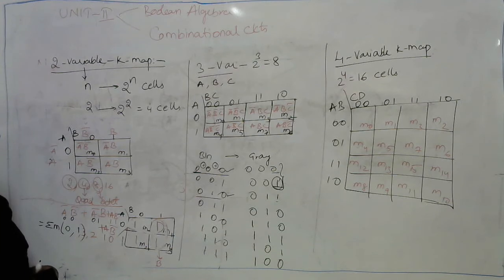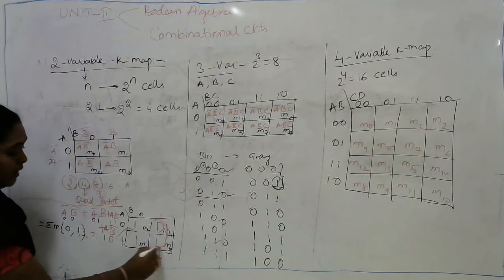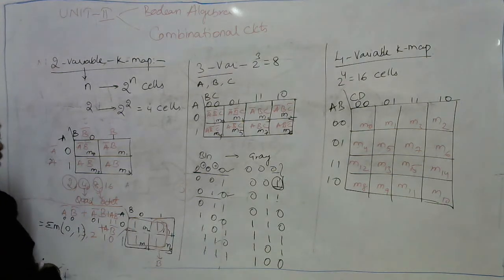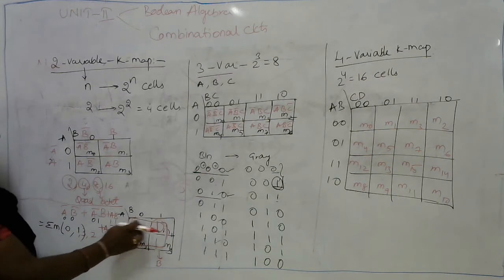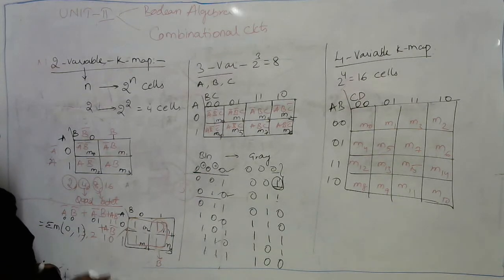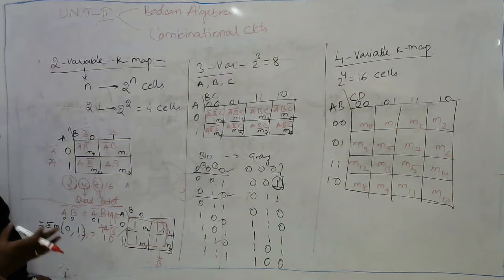Instead of making use of 4 adjacencies, you can make it as 1 quad. Whenever we are performing simplification, always first check for more cells. Rather than using 2 cells as adjacent cells, first check for a higher number. If I am using a 4 variable K-map, first check whether there are adjacencies of all 16 cells.